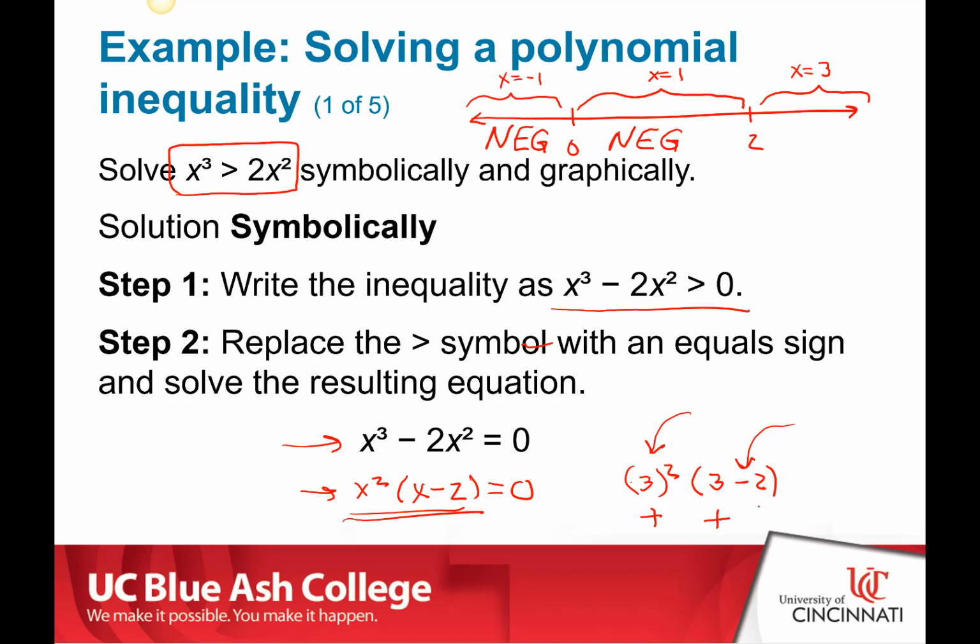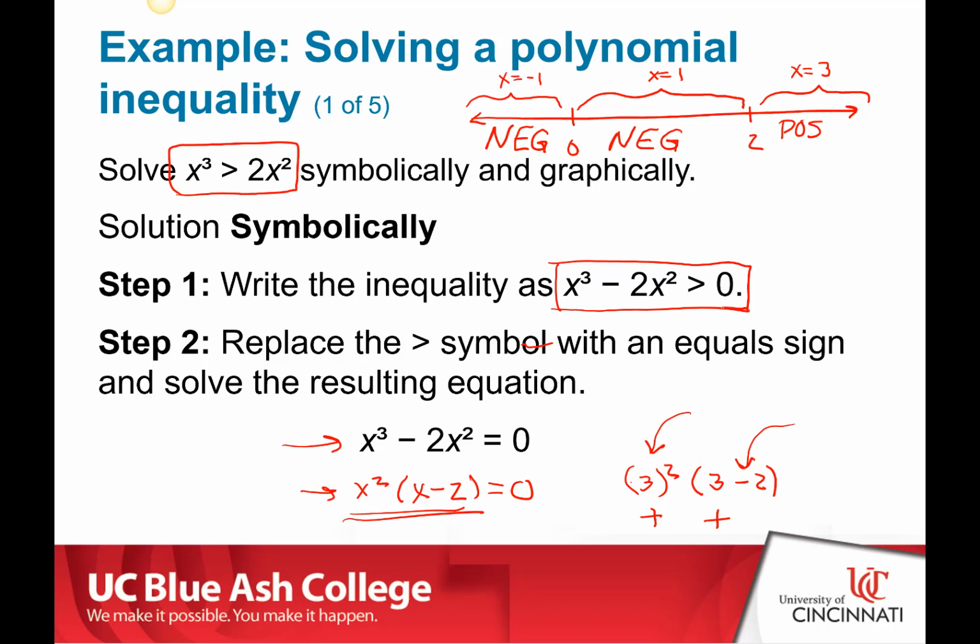A positive times a positive is a positive. Okay, now, here is where we get the payoff. We want to know where this inequality is going to be greater than 0. Greater than 0 means positive, doesn't it? What values of x will give us a positive result?